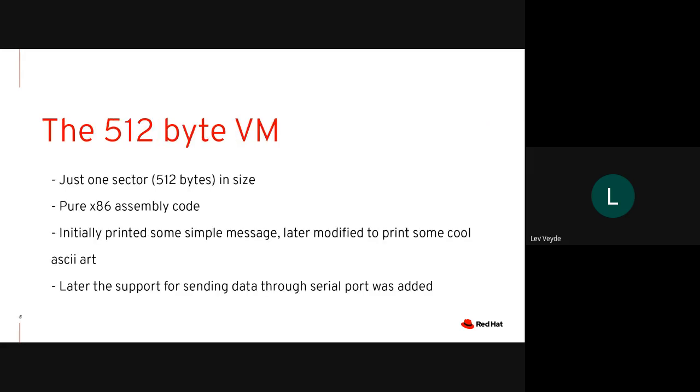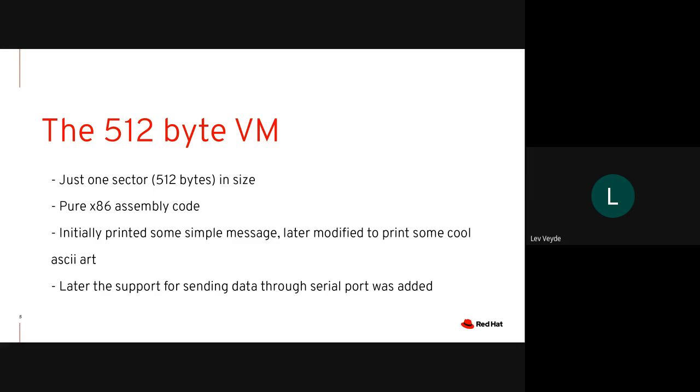So what he actually created was a very, very small VM of just one sector, based on MBR. It was, of course, written in pure assembly, and initially just printed the message and quit.